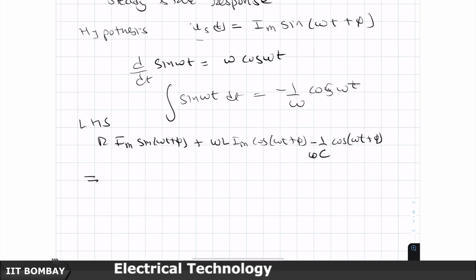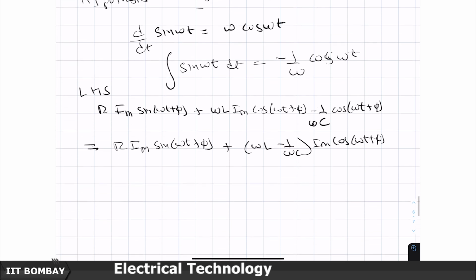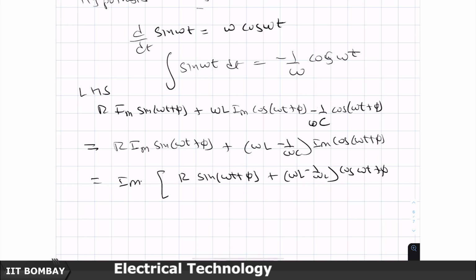So, now let us try to write this as R Im sine of omega t plus phi, and I am going to take cos of omega t plus phi common here. So, I can write this as omega L minus 1 by omega C, Im cos of omega t plus phi, and so I take Im common here, and I will get this as R sine of omega t plus phi plus omega L minus 1 by omega C cos of omega t plus phi.